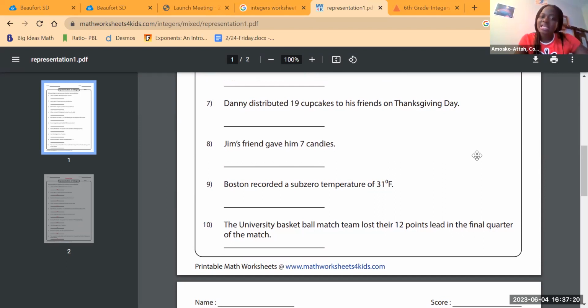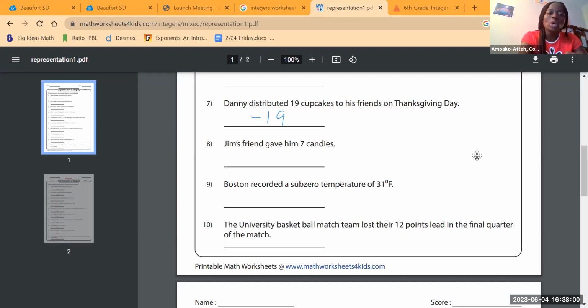So in this instance, Danny gave out. So Danny will lose cupcakes, which is giving us a negative value. Okay. James' friend gave him 7. It means he had something additional. He gained. So that was a plus 7.